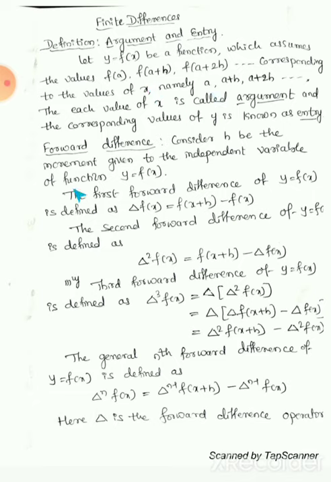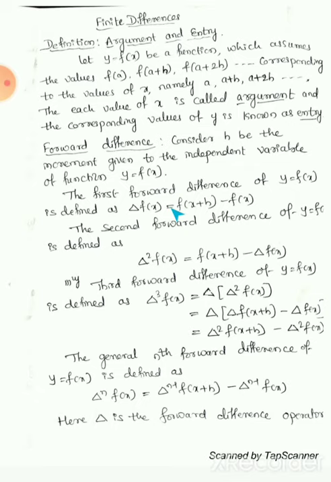Now we will move to the forward difference. First we will study the forward difference; later the backward difference will also come. Consider h to be the increment given to the independent variable of the function y is equal to f of x. You know that x is the independent variable and y is the dependent variable. Why so?